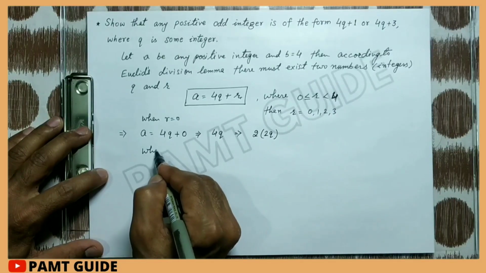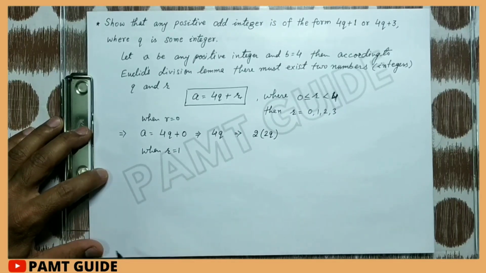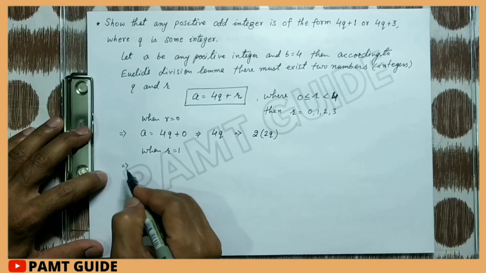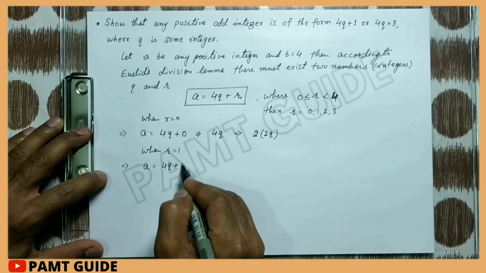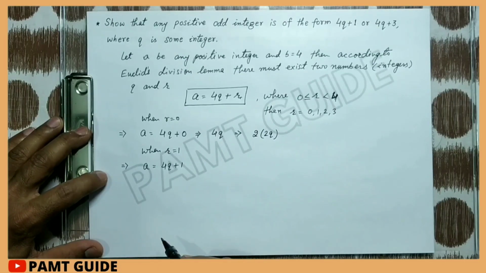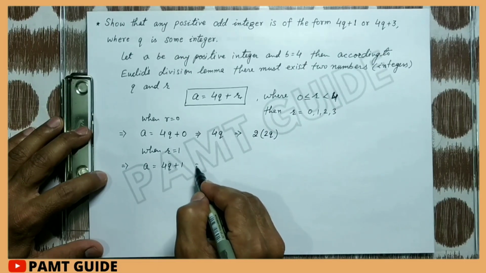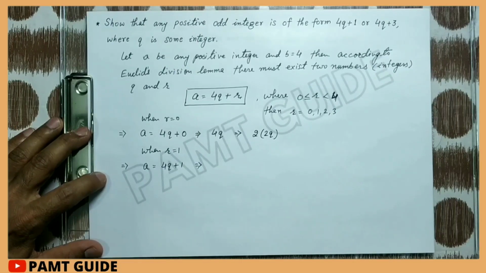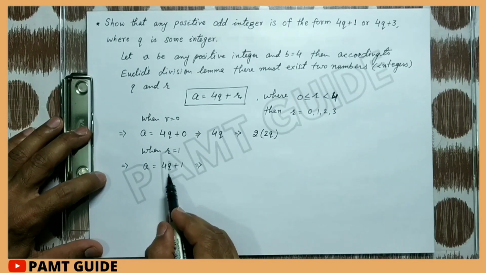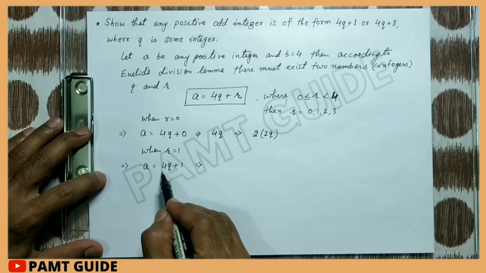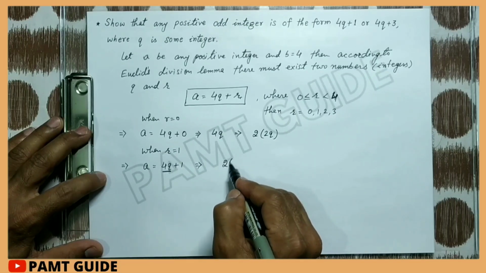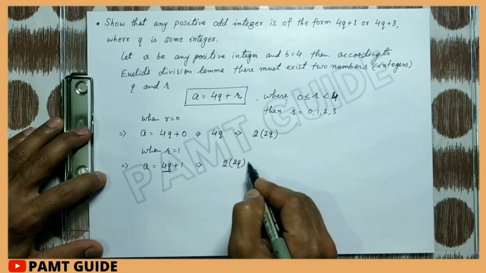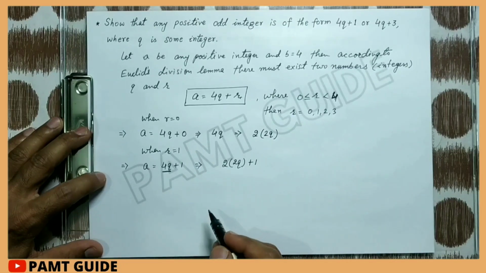Again, when r equal to 1, then a equal to 4q plus 1. Here 2 cannot be taken common in whole, but we can take common 2 from 4q and we can write it 2 2s are 4, 2 into 2q plus 1.